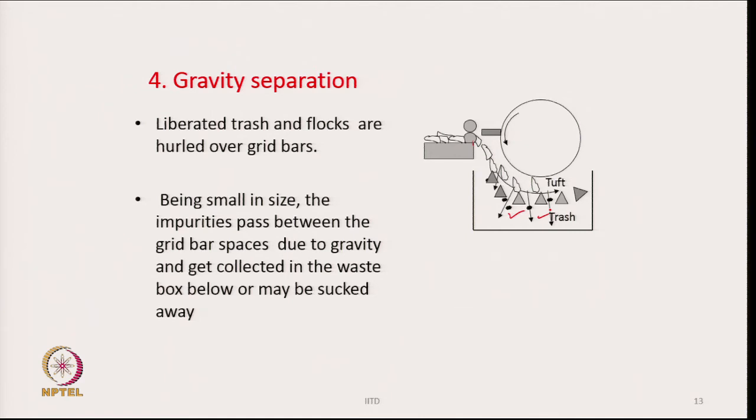So, they will easily fall down, while the tufts are very light, and they will not be able to pass through the narrow gaps that we have kept between the grid bars. So, grid bar spaces are large enough to allow the trace particles to fall down, whereas they are small for the tufts to fall down.